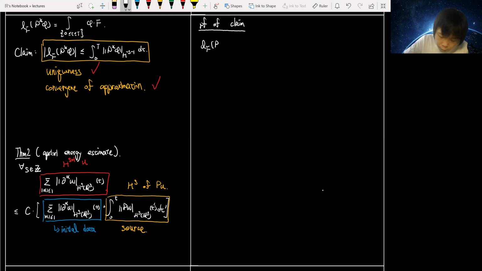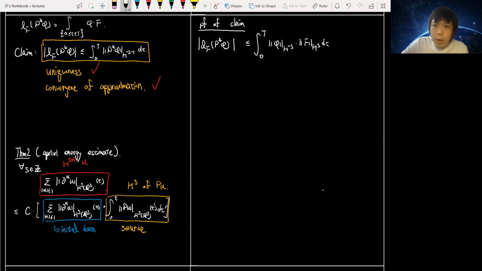LF of P star phi is obviously bounded by the integration from 0 to capital T of the H minus S norm of phi times the H S norm of F, dt.